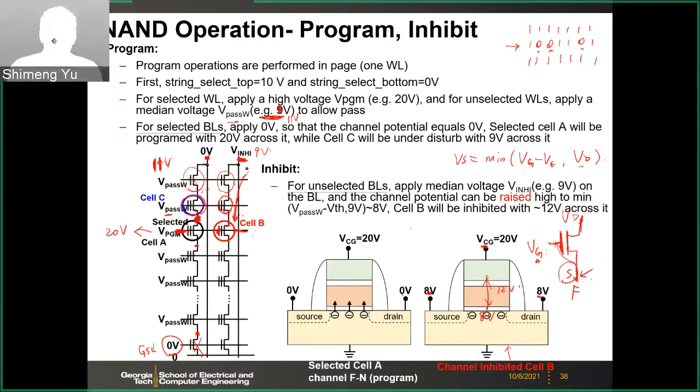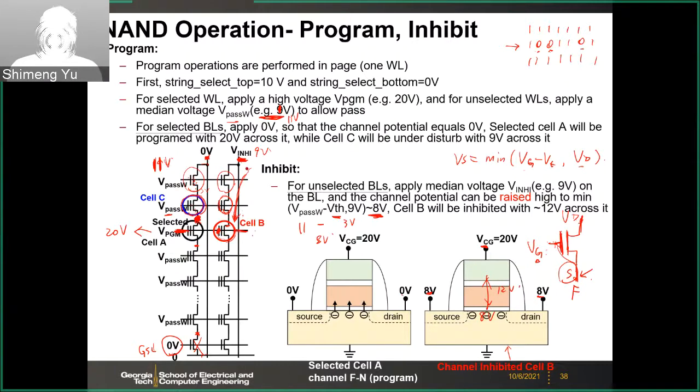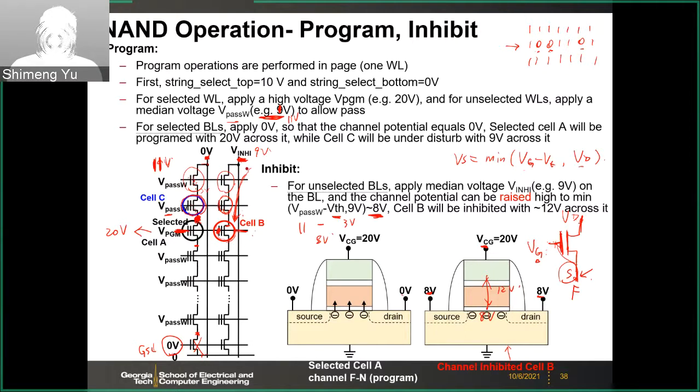And then if the threshold voltage is like 3 volts, you have 11 volts minus 3 volts, then you have 8 volts. So you can still pass the 8 volts to the cell B. So the cell B will have this kind of inhibit mode. You won't program the cell B. I should change this. Maybe this is like 11 volts.